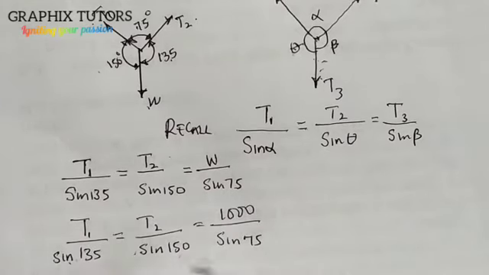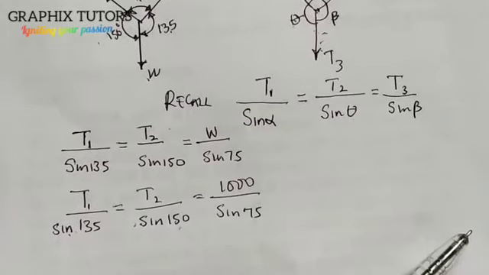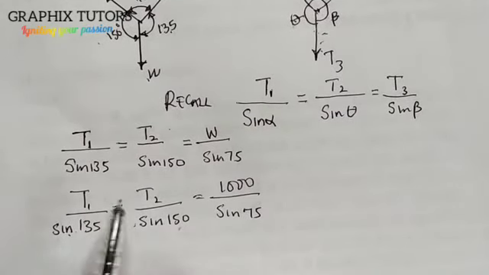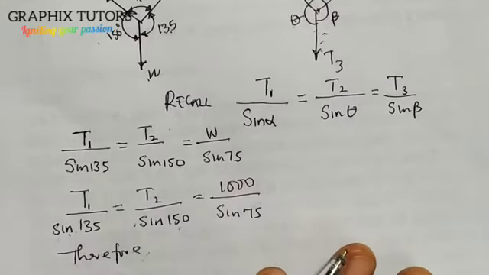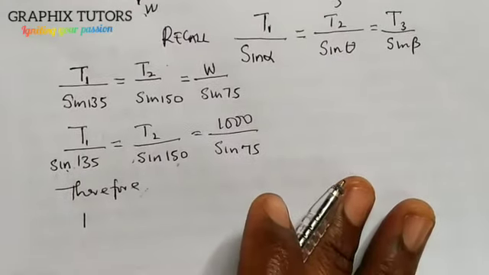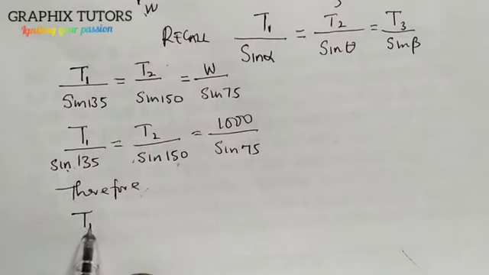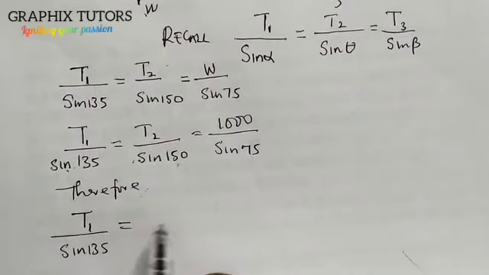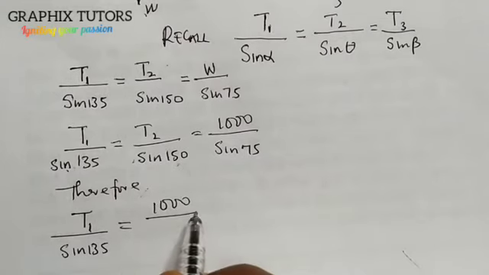I cannot take these two together because I have two unknowns, so I will take one at a time. Therefore, T1 over sine 135 is equal to 1000 over sine 75.